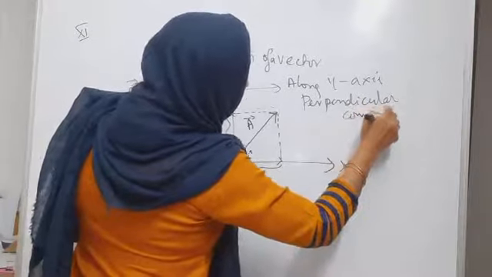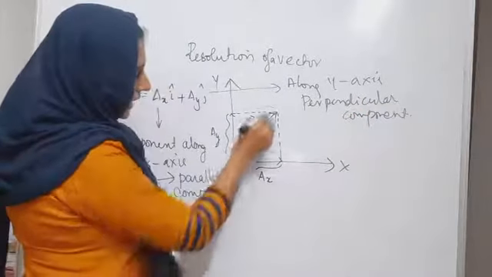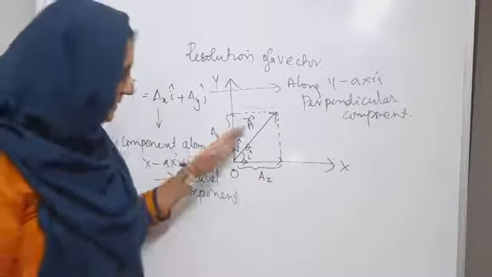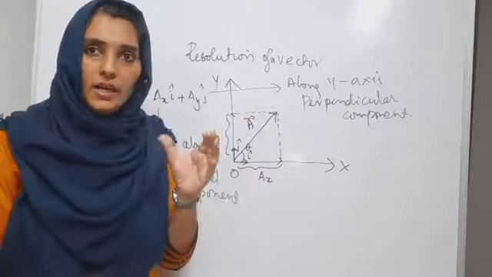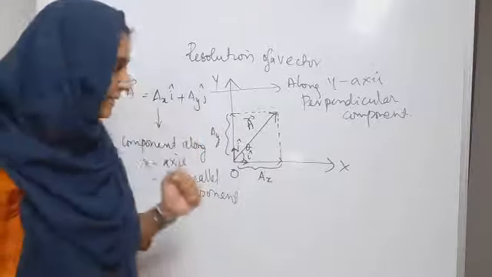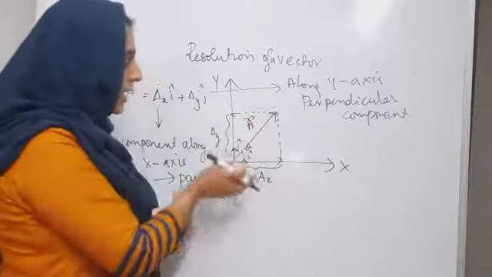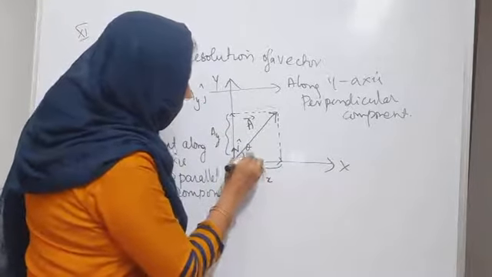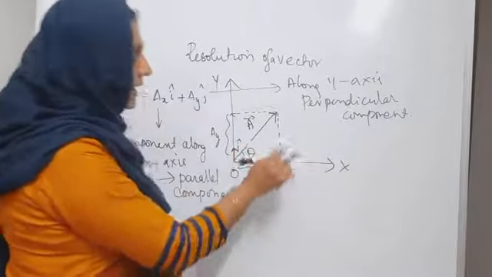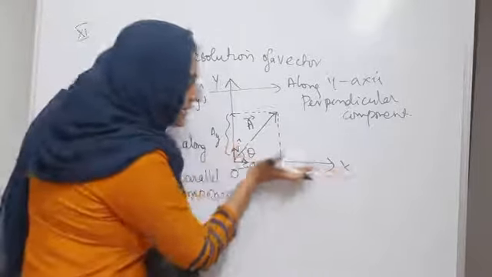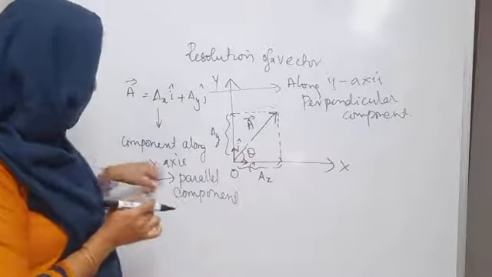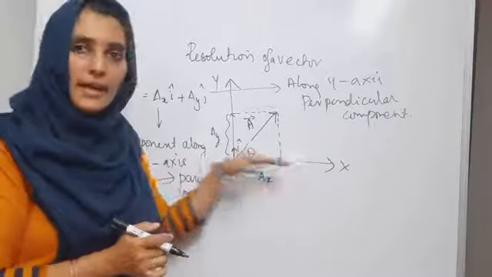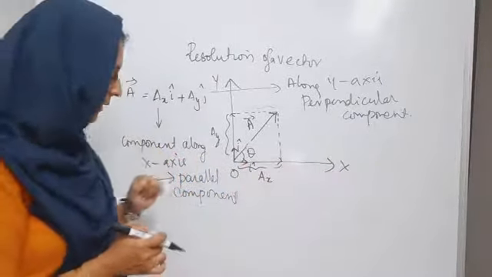The reason is that suppose this A makes an angle theta with respect to the x-axis. That is the resultant A, the vector under our consideration. Then Ax is along the x-axis, so that is why we call it the parallel component, because parallel means it is along the x-axis.